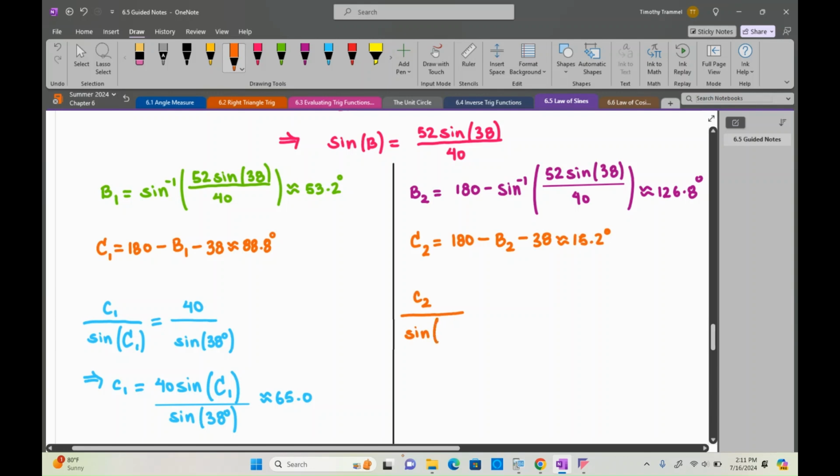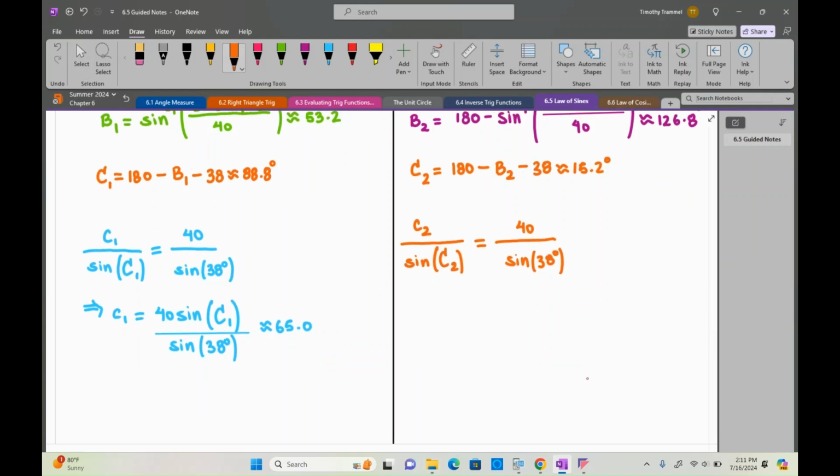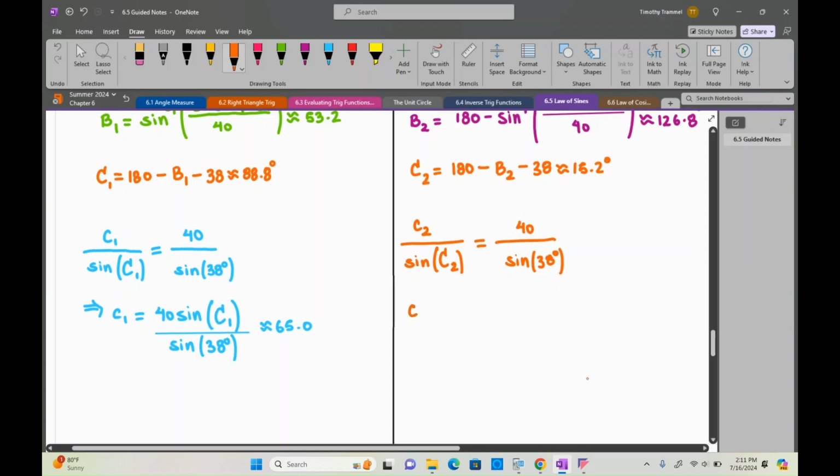And remember, big C2 is stored on the calculator. Then this is equal to 40 over sine of 38. And if I solve for c2, this is going to look a lot like last time. c2 is going to be equal to 40 sine of big C2 divided by sine of 38.